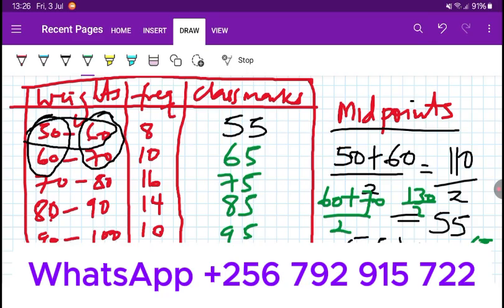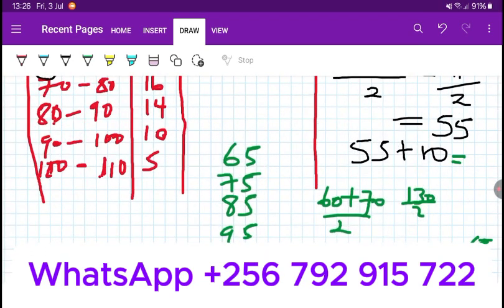Then of course we look at the last class. The last class was from 110 to 120. But this method of adding the class interval, you make sure that the class intervals are uniform. Sometimes the class intervals may not be the same. So if they are not the same and you use this method, you'll get a wrong answer.